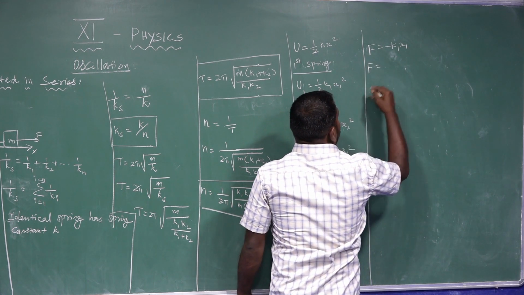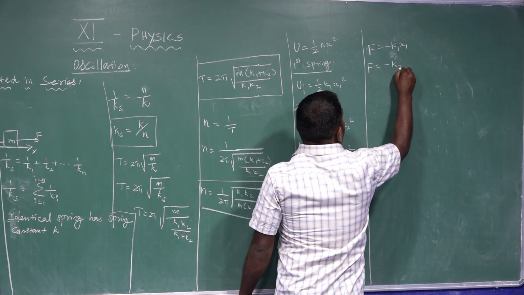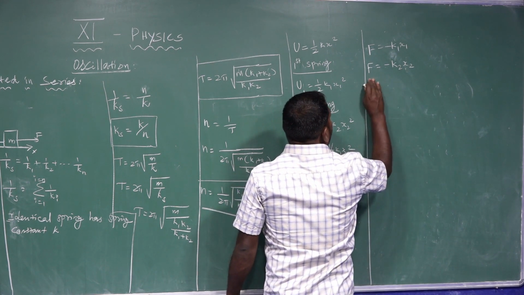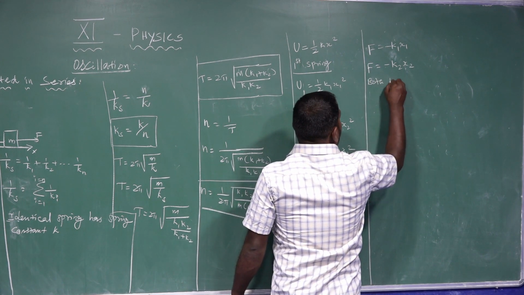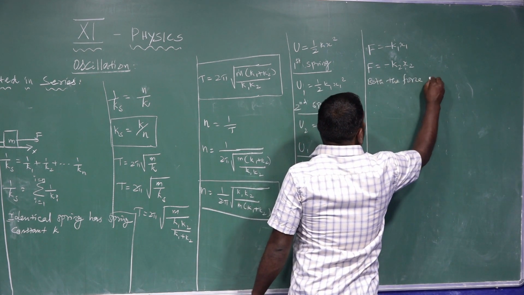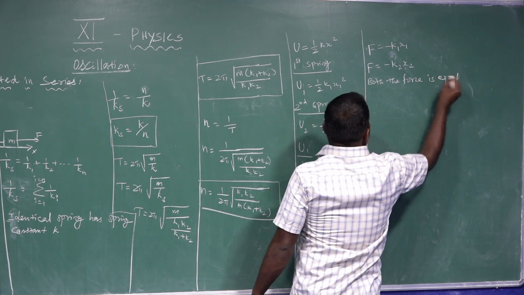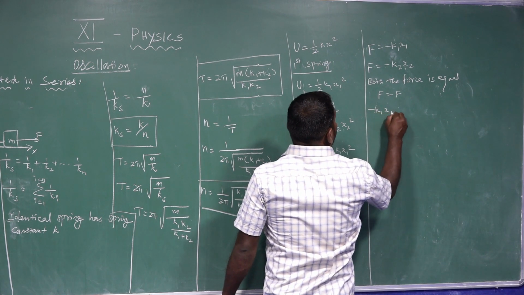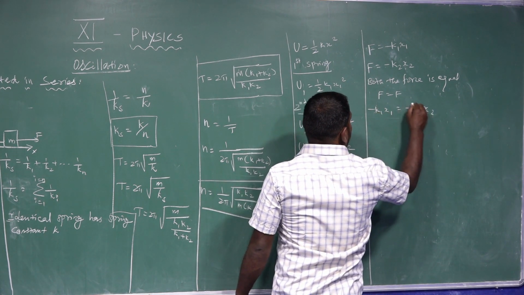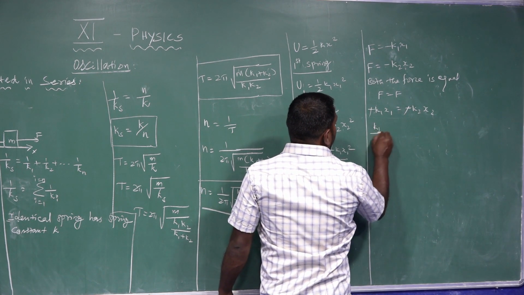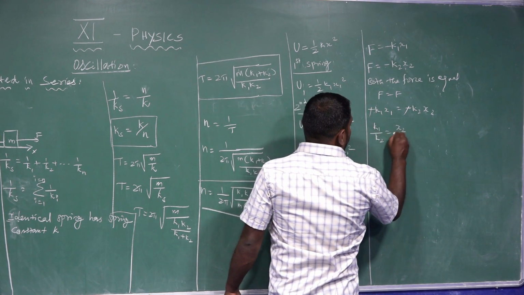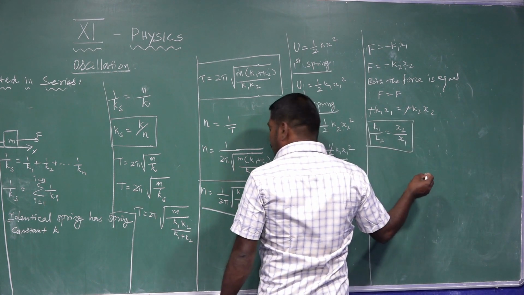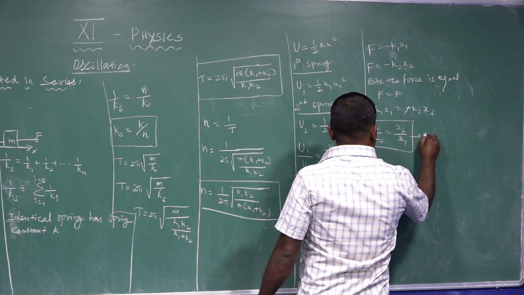The restoring force developed in the second spring is F equal to minus k2 x2. Both the forces are equal. So therefore minus k1 x1 is equal to minus k2 x2, the minus gets cancelled. k1 divided by k2 is equal to x2 divided by x1. So this is equation B.